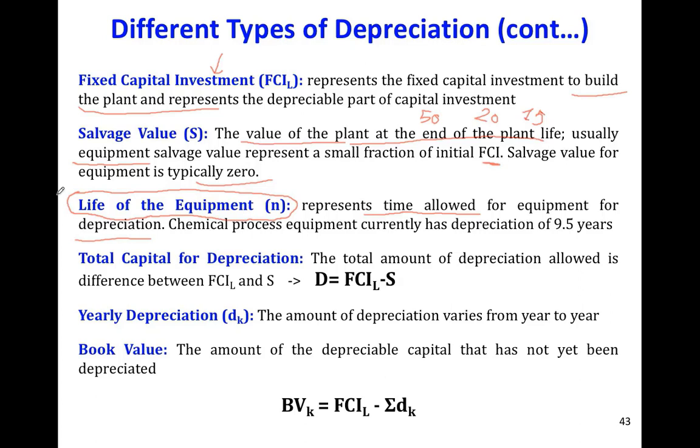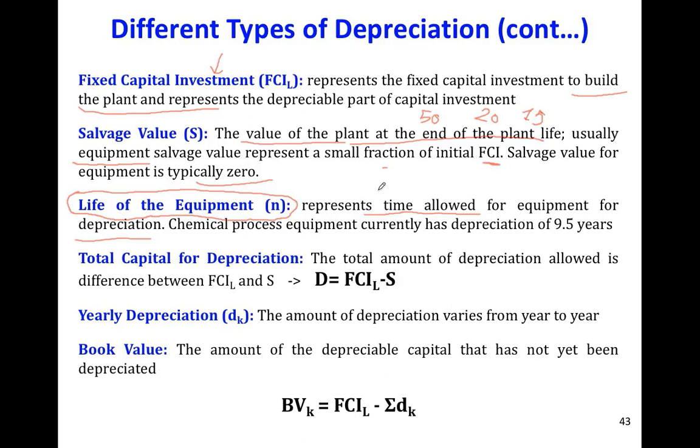I mean, it is the number of years over which the price of that equipment will reduce. The equipment will lose its price, lose its value. Let's say if you have a heat exchanger, after 9-10 years it doesn't really lose its value a lot, so it's already zero.